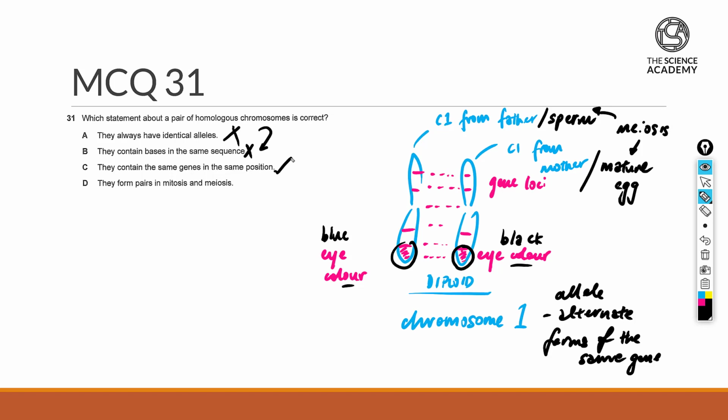Now, just again to clarify, this pair of homologous chromosomes will eventually take on a transformation if it was to go through either mitosis or meiosis. So if this was to go via the process of either mitosis or meiosis, they will first go through interphase, particularly the S phase.